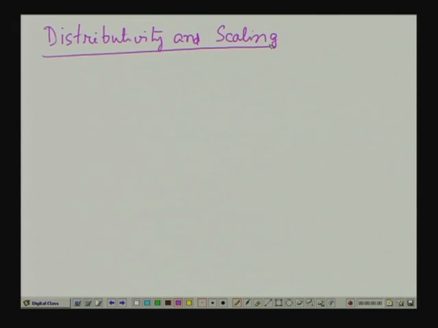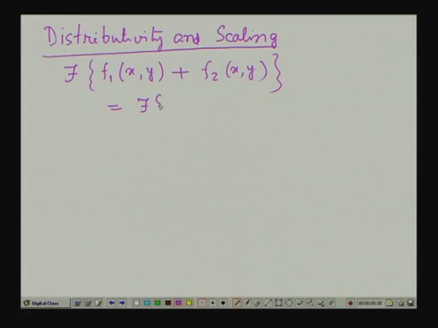The distributivity property says that if I take two signals, two arrays f1 xy and f2 xy, take the summation of these two arrays, and then find the Fourier transformation of this particular result, that is f1 xy plus f2 xy, this Fourier transformation will be the same as the Fourier transformation of f1 xy plus the Fourier transformation of f2 xy.